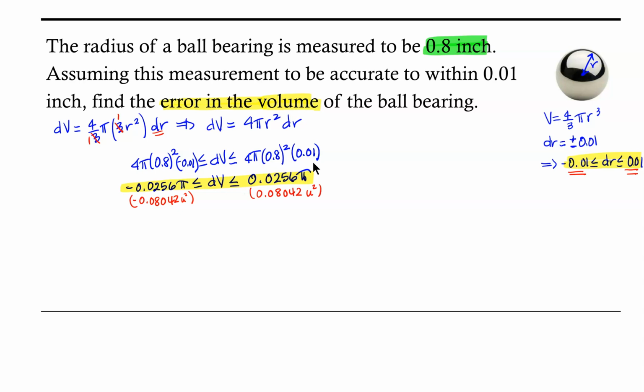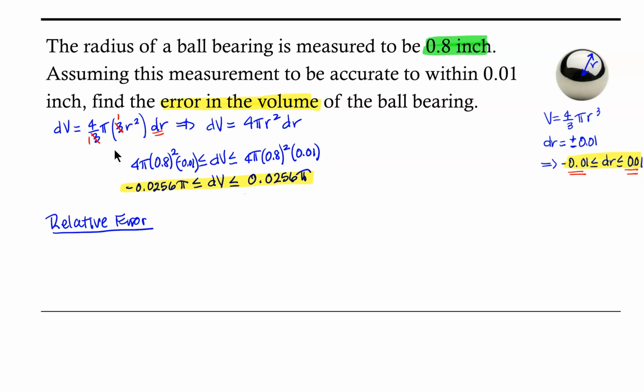So let's go ahead and find the relative error. So since our dV, or our error in our volume, is an interval, we're going to explore relative error as a similar interval.